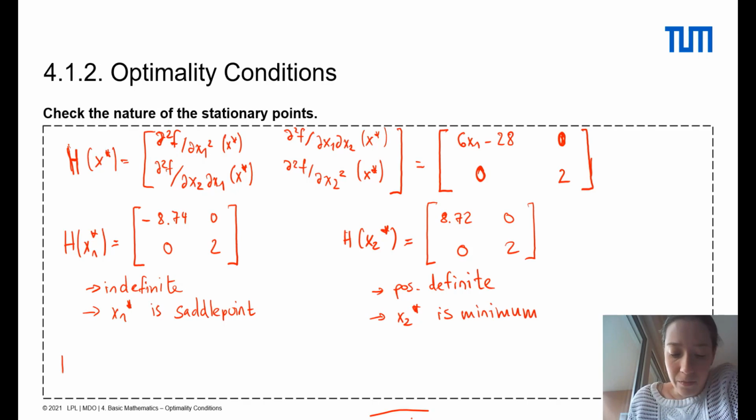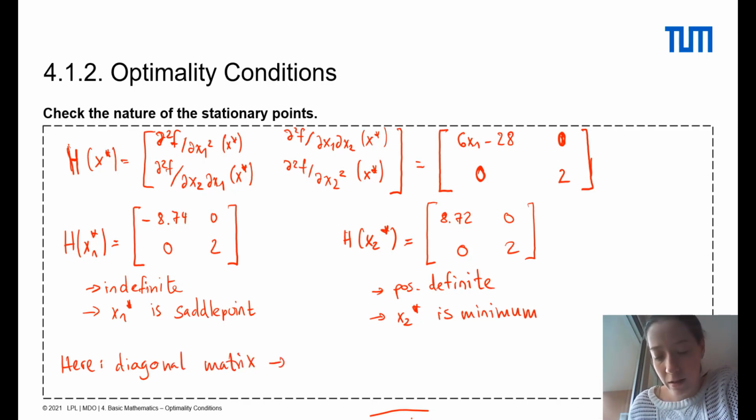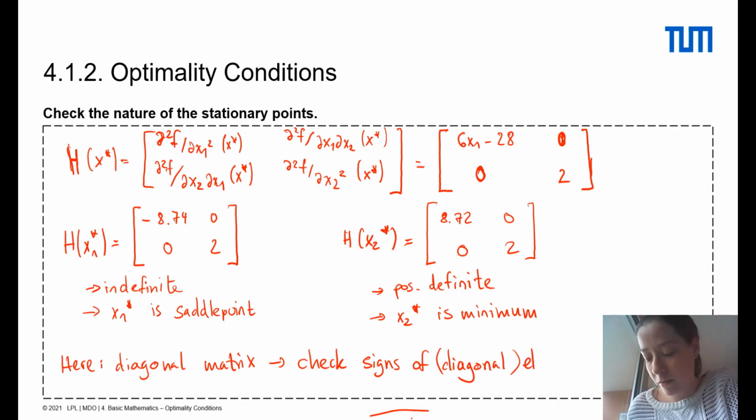Okay, so here we have a diagonal matrix, so we can check the signs of the diagonal elements.